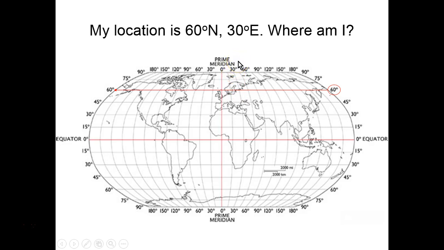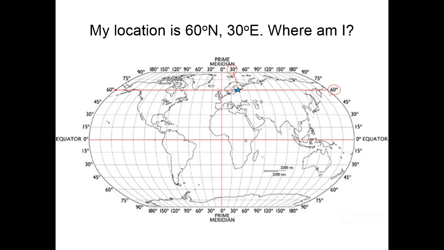We got the information that we're at 60 degrees north latitude, so we know that we're at the location where those two lines meet. So it's that spot right there, and I think that is St. Petersburg, Russia.